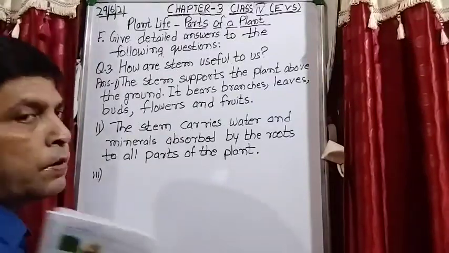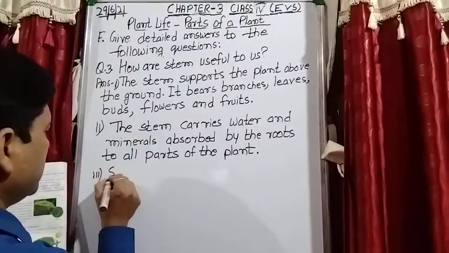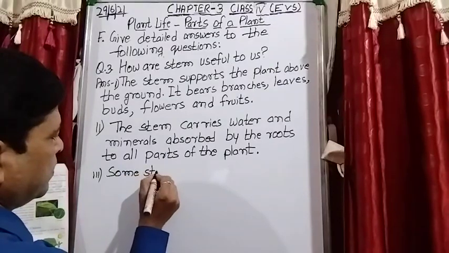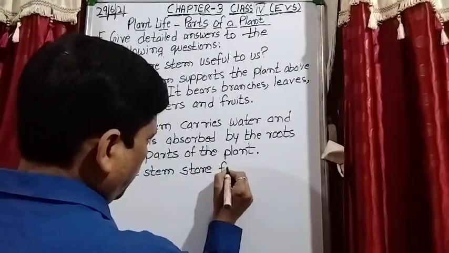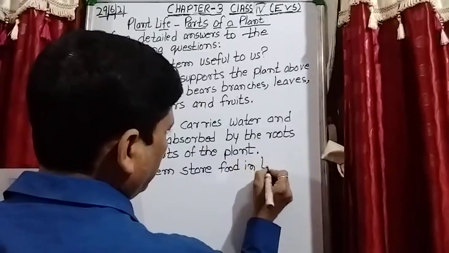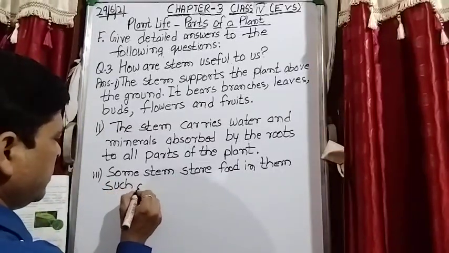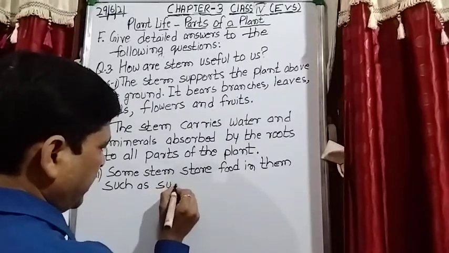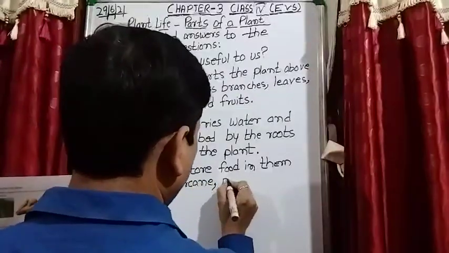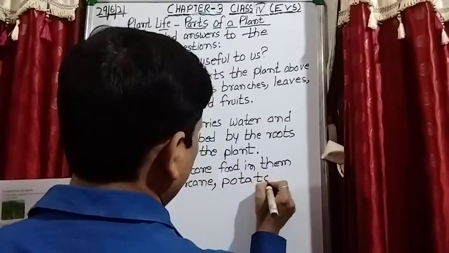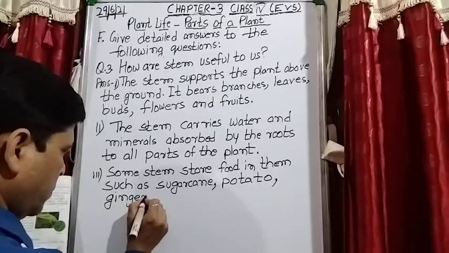Then third point, note down. Some stems store food in them, such as sugarcane, potato, ginger, etcetera.